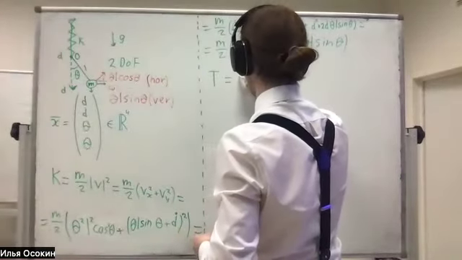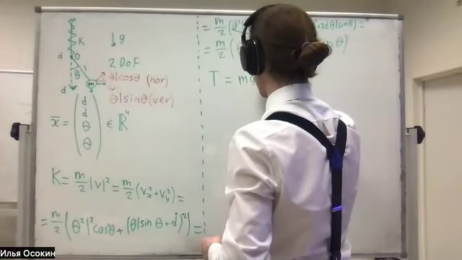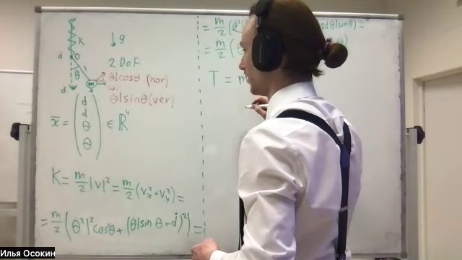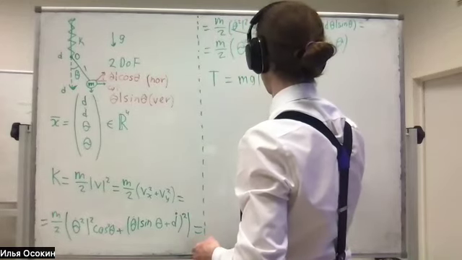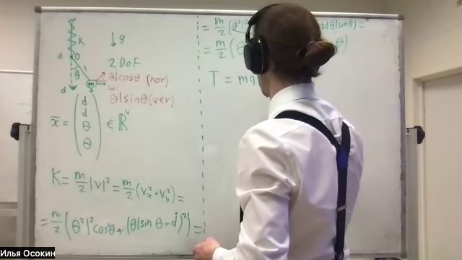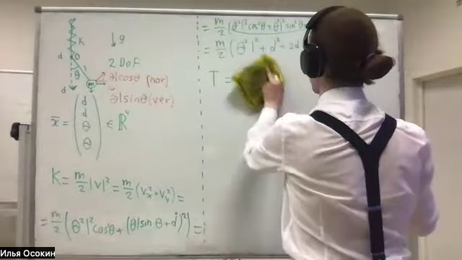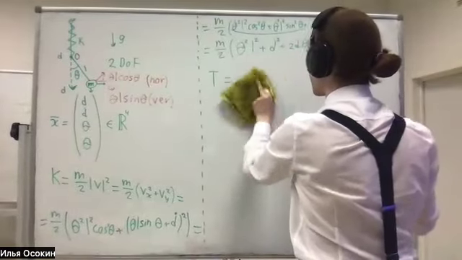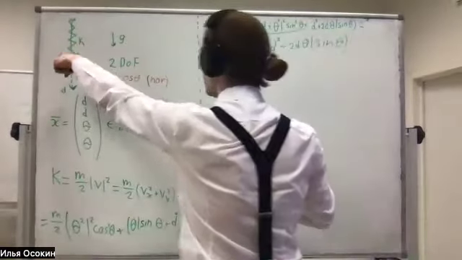For sure, there will be m times g. And here, we're going to have minus d. Okay, let it be expanded, right? d is increasing downwards.